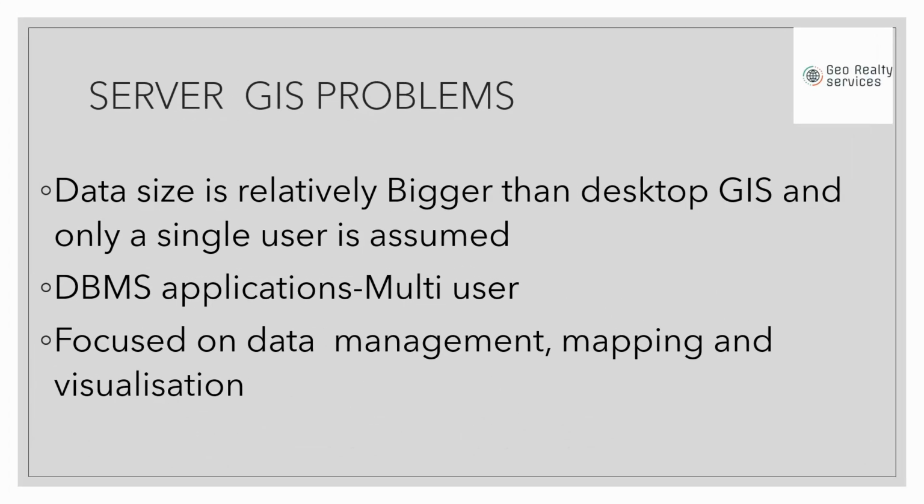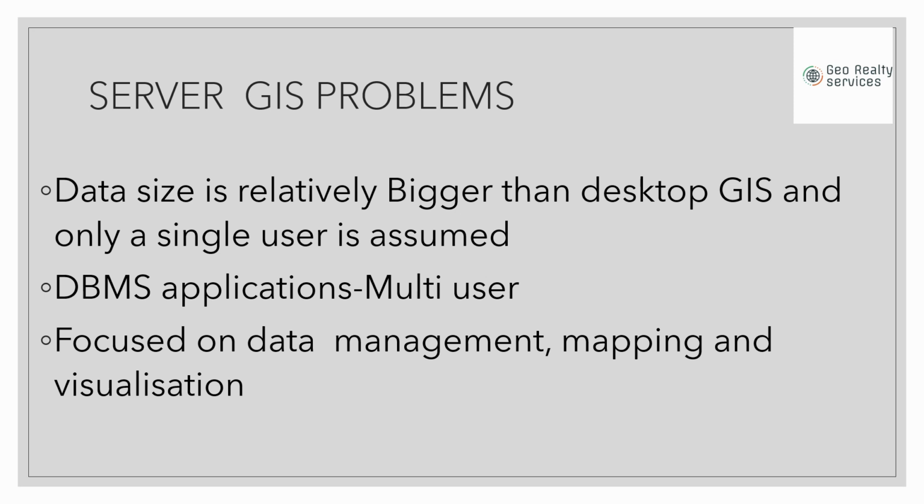The second category is named server GIS or multiple user GIS. It uses GIS and spatial database management system. The major difference from the desktop GIS will be data size and data management issues for multiple users. So server GIS can be characterized by the following. Data size is generally bigger than desktop GIS, for example, over 100 megabytes, in order to support multiple users.